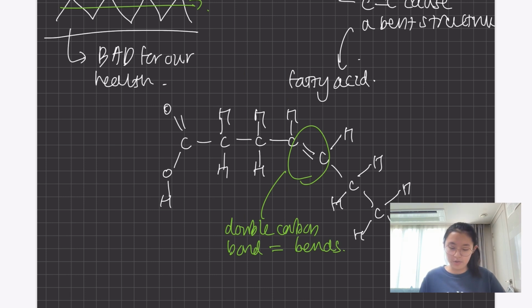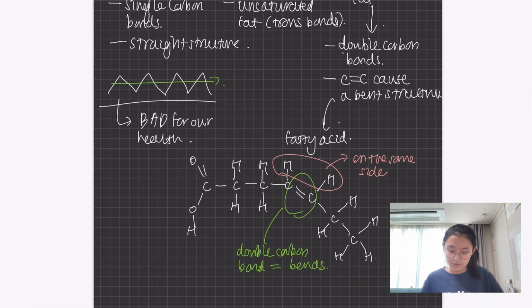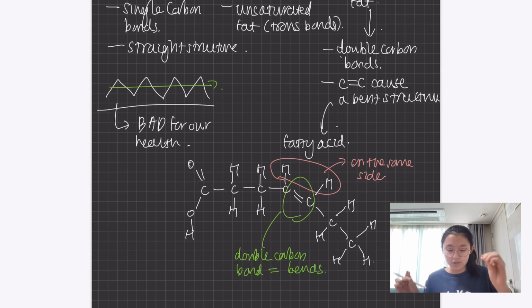And another thing to note here is that when I drew this fatty acid, you can see that the hydrogens are on the same side of the fatty acid, right? The orientation of the hydrogens, relative to the carbons, is that they're on the same side. Now, this is what we call a cis unsaturated structure, and it's because the hydrogens are on the same side.